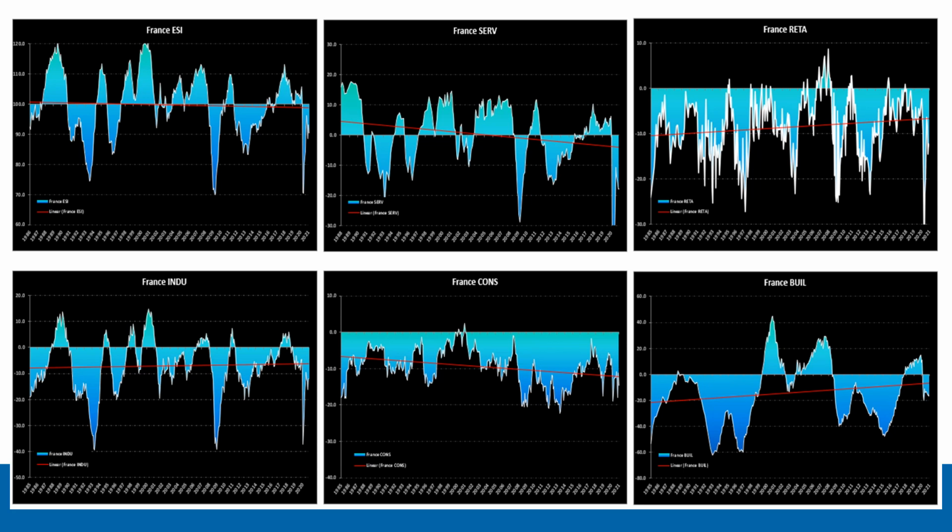Moving on to the retail sector in France. So top right of the screen, you can see that in the 90s, there was some occasional blips positive. In the mid-2000s, we get the longest period ever of French retailers being bullish in terms of sentiment.